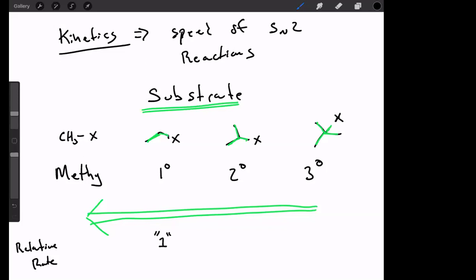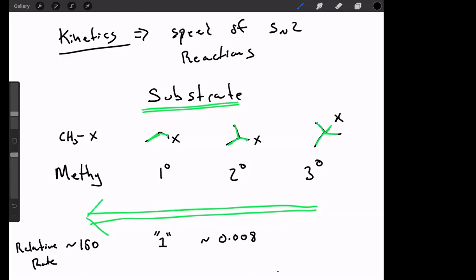Let's think about what actually might be going on here. If I assign 1 as a rate for the primary, methyl is about 150 times faster. What happens to secondary? Look how slow it is.